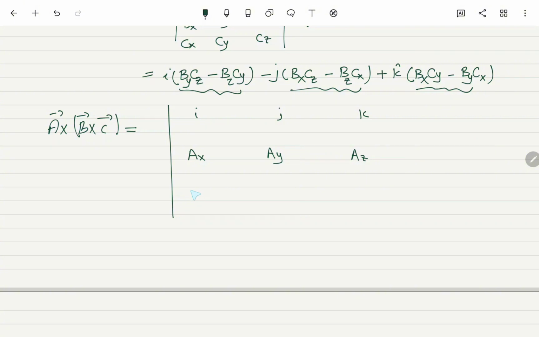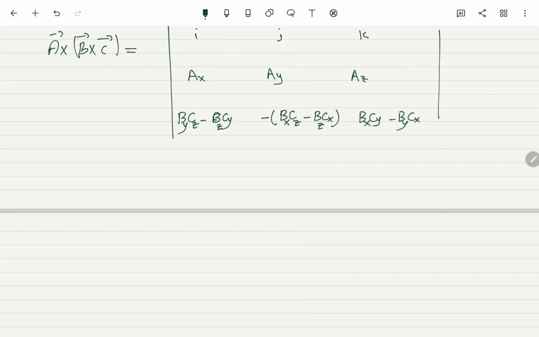So it will be By Cz minus Bz Cy, minus Bx Cz minus Bz Cx, and the last one, which is the Z, Bx Cy minus By Cx.